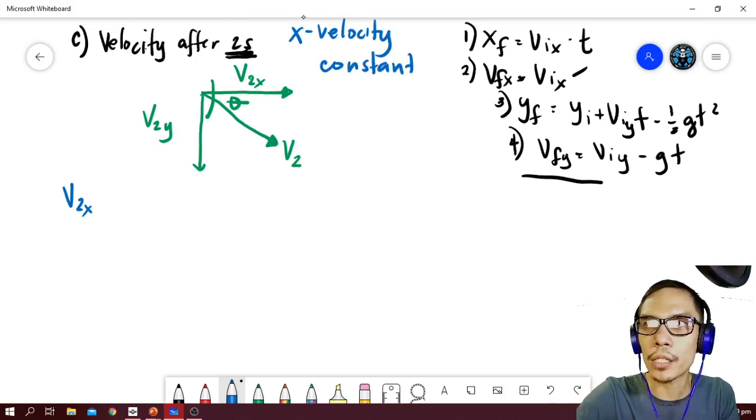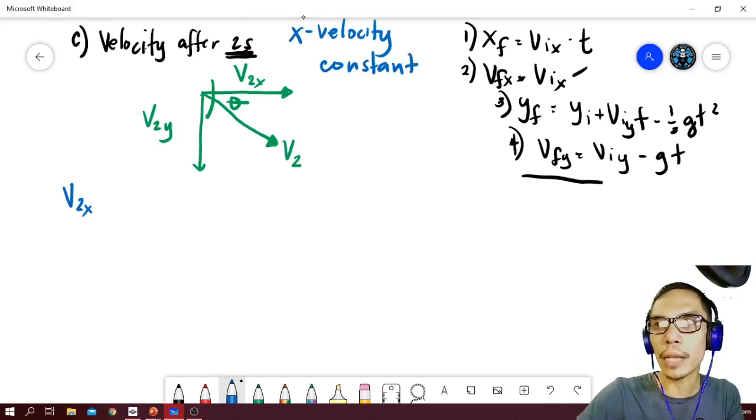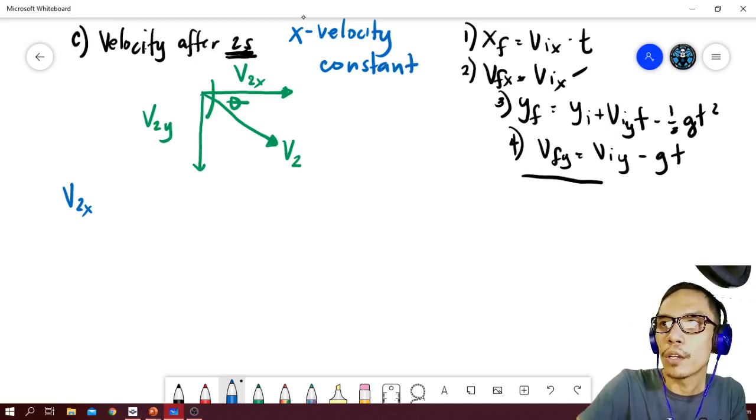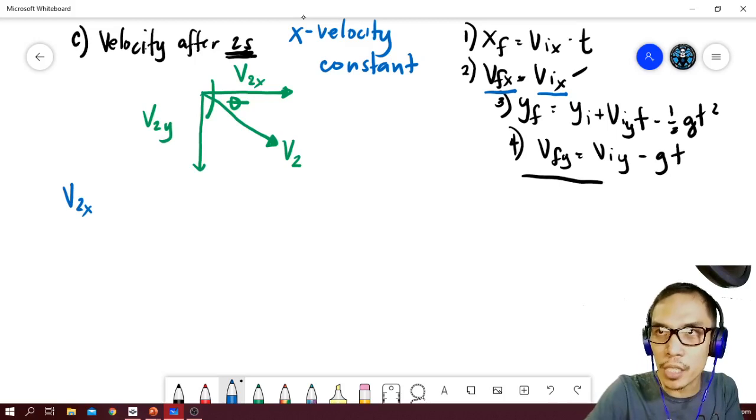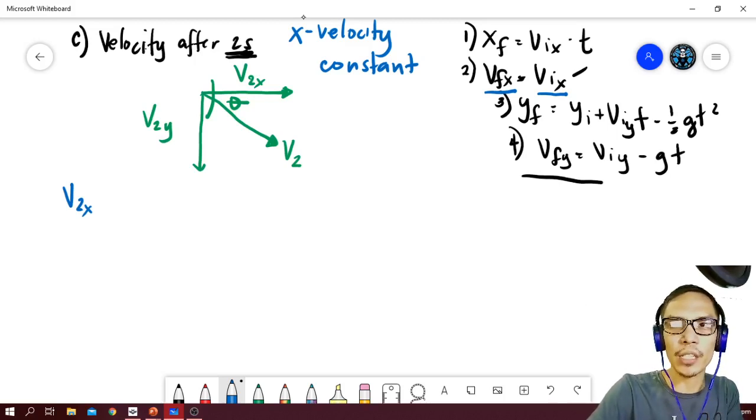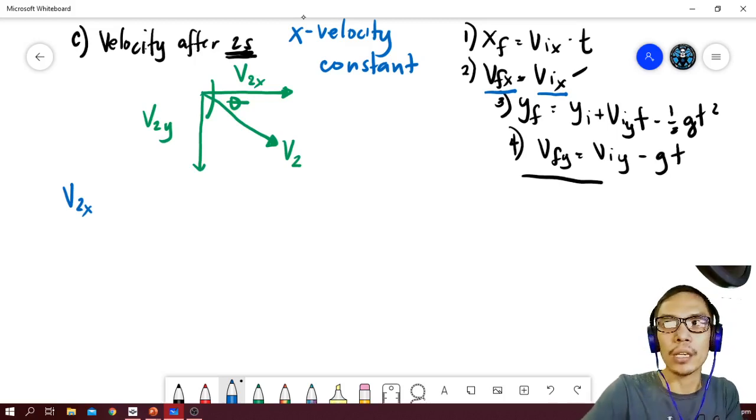Since that is constant, whatever the Vix is should be the same value as your Vfx, wherever the point is, it is always equal.